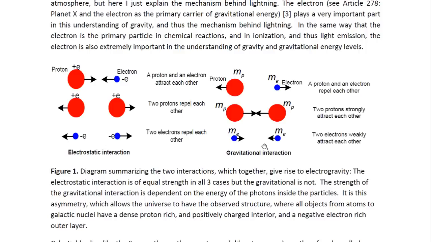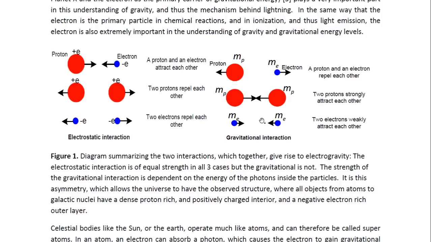Now, in the gravitational interaction, we have the opposite. And in addition, the strength of the interaction depends on the amount of photon energy inside each particle. So there is an asymmetry between the two, even though basically they are opposites, but the force of interaction between a proton and electron is different from what it is with two protons.